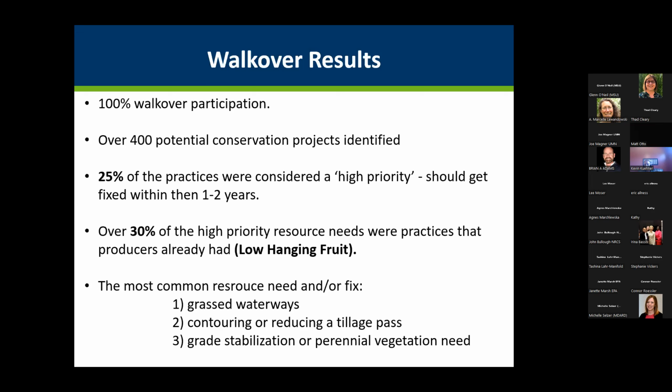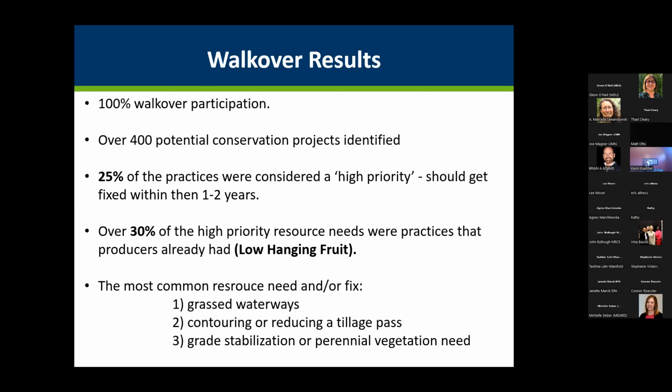But when you look at it, and this is where using the combination of the ACPF tools and the maps, and also some subjectivity based on Ron's experience doing a lot of these practices and putting them on the ground, and also what the landowners were willing to do, we prioritized and found that about 25% of those were considered a very high priority.